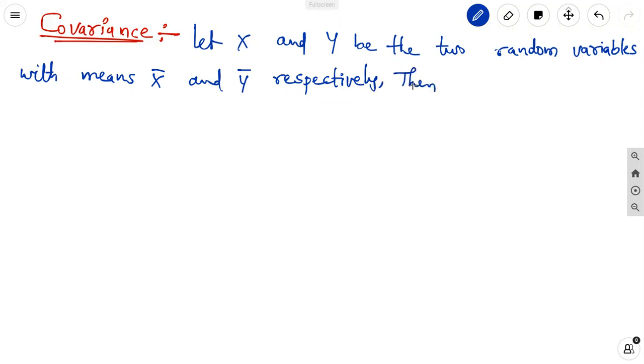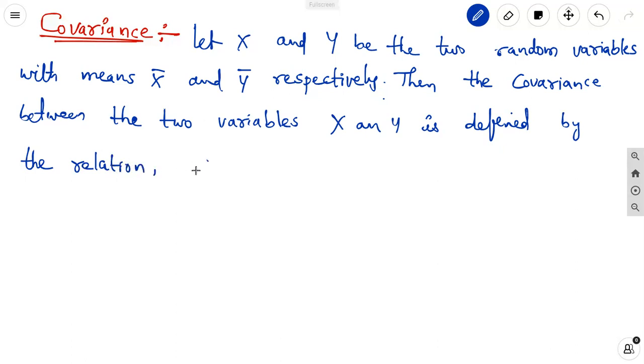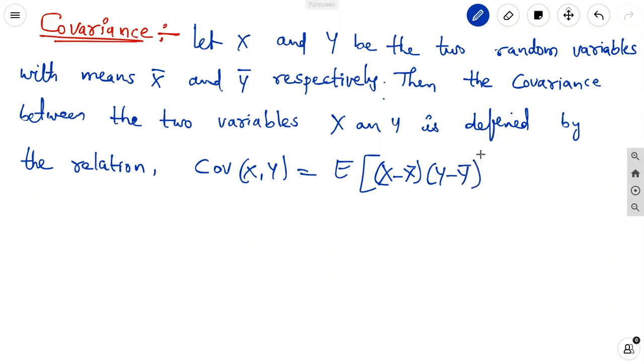Then the covariance between the two variables X and Y is defined by the relation: covariance of X comma Y is equal to the expectation of the product of their respective differences from the mean, that is, expectation of (X minus X bar) into (Y minus Y bar).